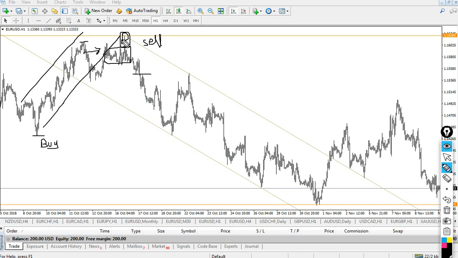If you see a support break out like this, it's a breakout now. After a breakout there will be a reversal. So there is a possibility of reversal because the market breaks this level. Here the market did not touch this line, but here you see the market breaks this level and then boom, down.